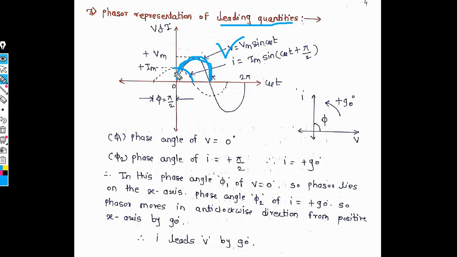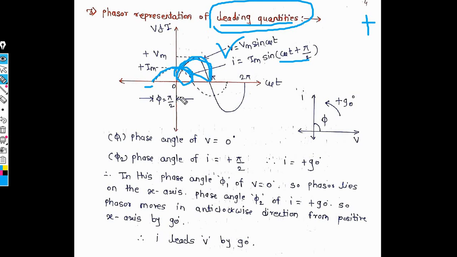That means this angle will be added here, that is omega t plus pi by 2, because there is a negative sign up to this point and after this point it indicates a positive sign. Then we are taking the positive side, that is leading. For a lagging quantity we have considered a negative sign, and for a leading quantity we have considered a positive sign.